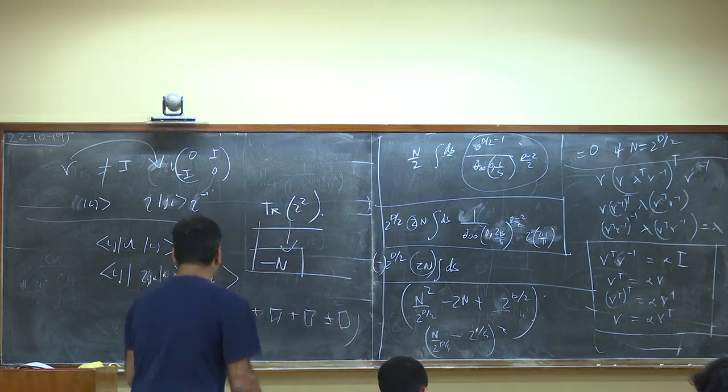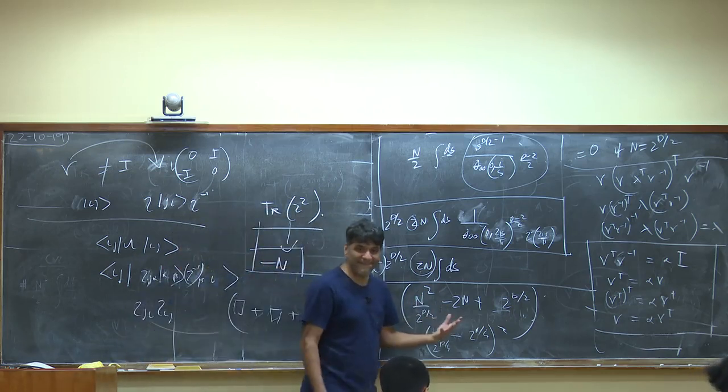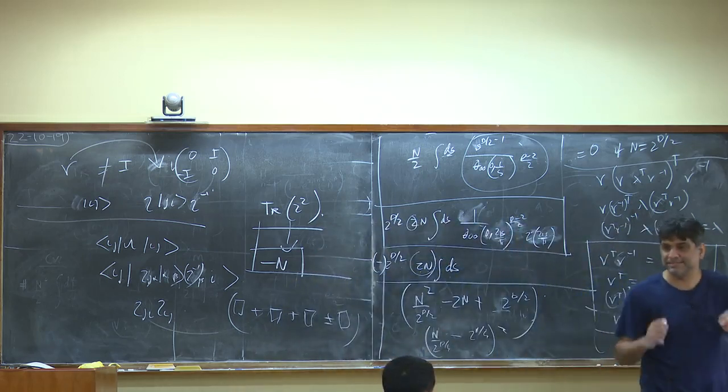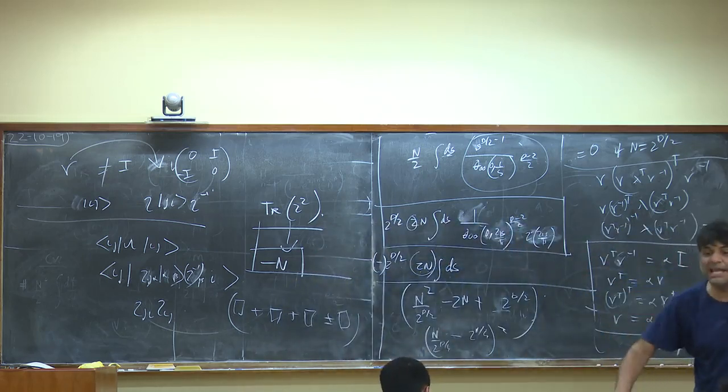So the type 2B theory which has been gauged by this omega operation has a name. It's called type 1 theory.